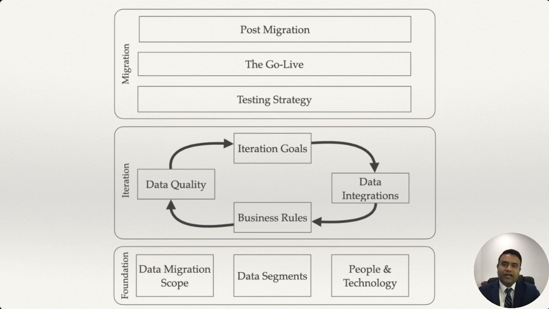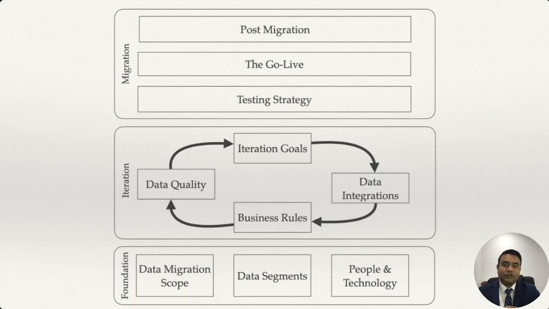The framework identifies 3 foundational components: the migration scope, data segments, and people and technology, that further facilitate the iterative process for well-defined test runs shown in the iteration block with 4 components, that is, business rules, data quality, data integrations, and iteration goals.